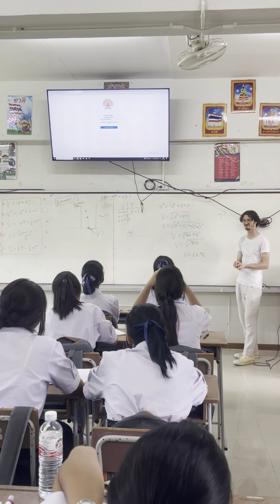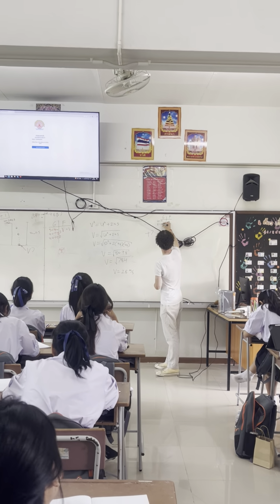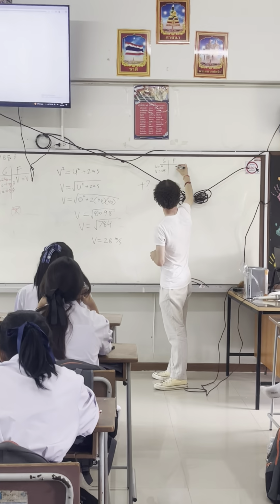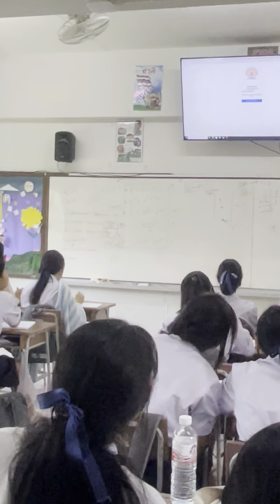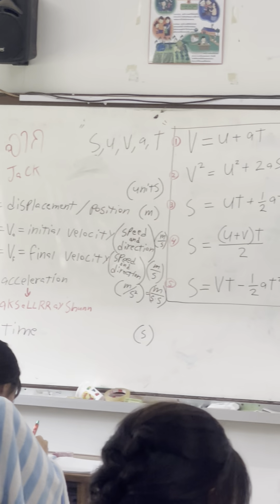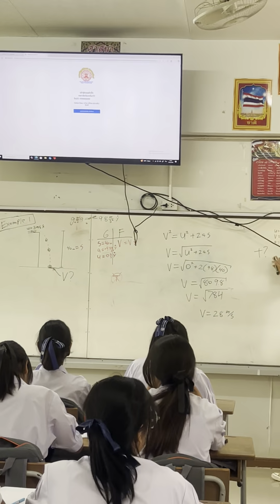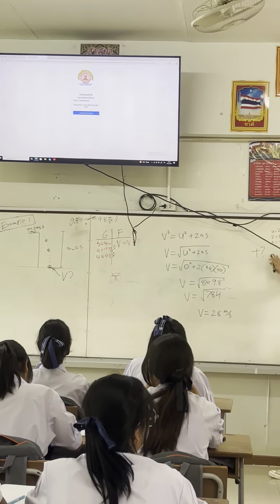We know that U is 0, V is 28. We're trying to find T. We know our A is negative 9.8 meters per second squared, and we also have S.